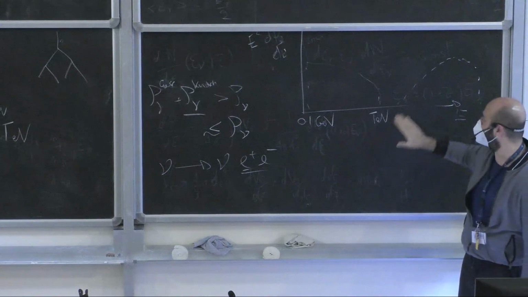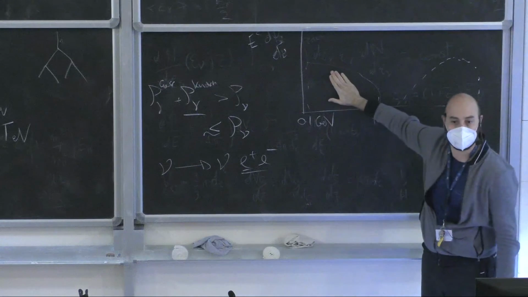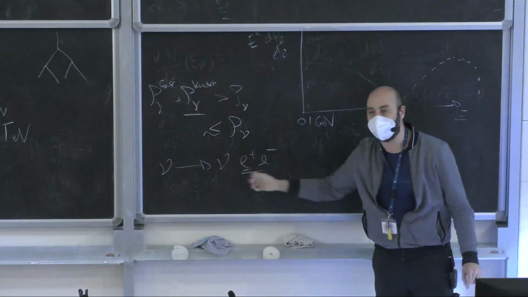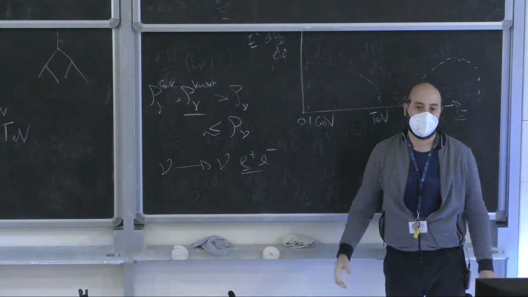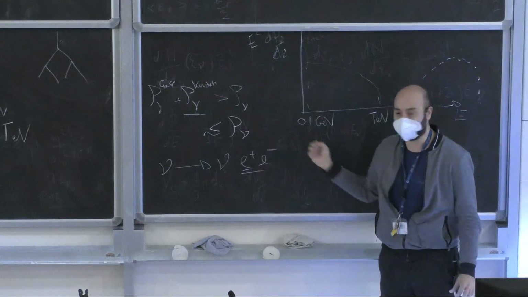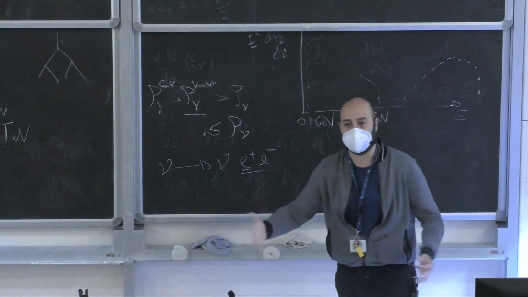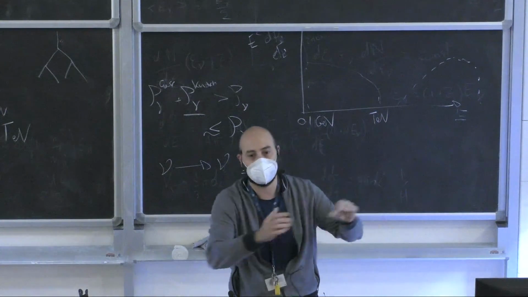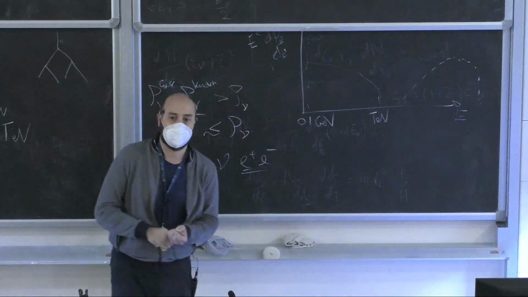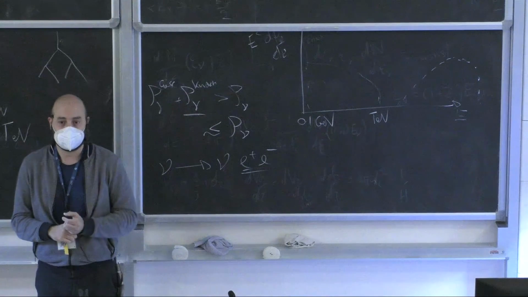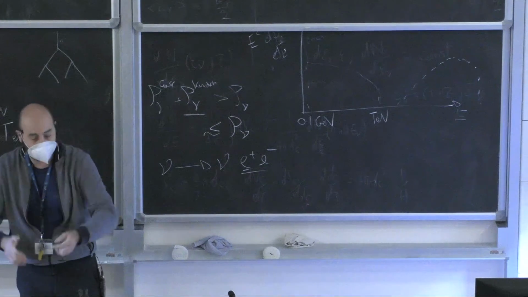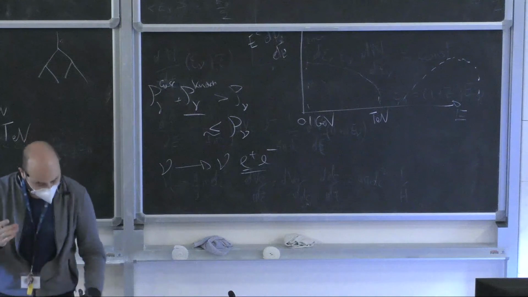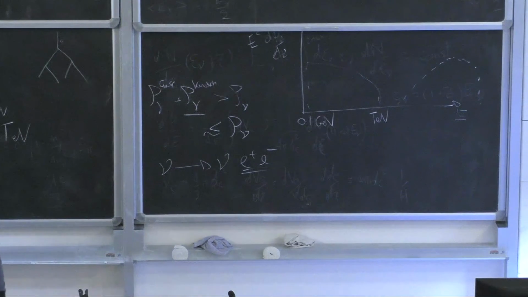So from comparing what you see here and what you see here, you can set an upper limit on how many of these events are possible. And this you can translate into a limit on the scale of quantum gravity models that predict this event to happen.